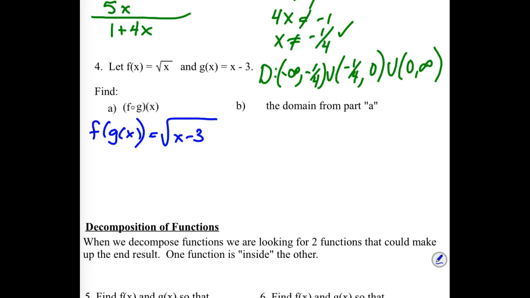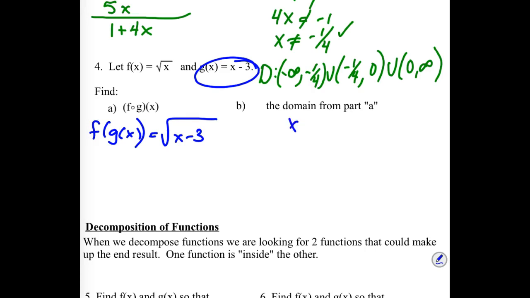Were there any restrictions on the function I dumped in? On this function, x minus 3, no restrictions on the domain. When I dump it in, have I created any restrictions? Yes. Because now I've dumped it inside a square root symbol, and we said because of that, it can't be negative.